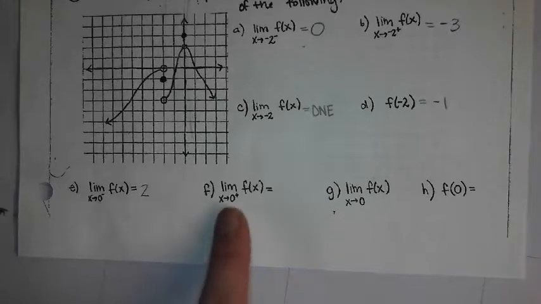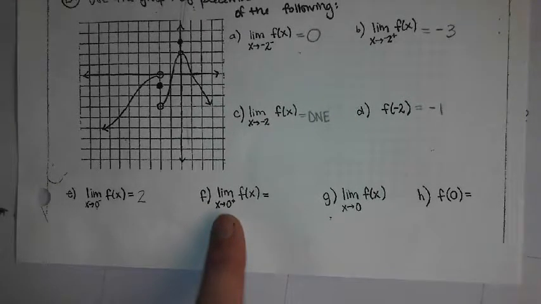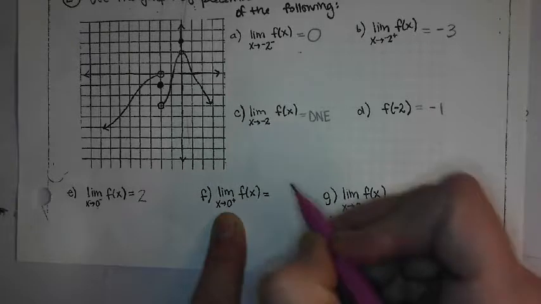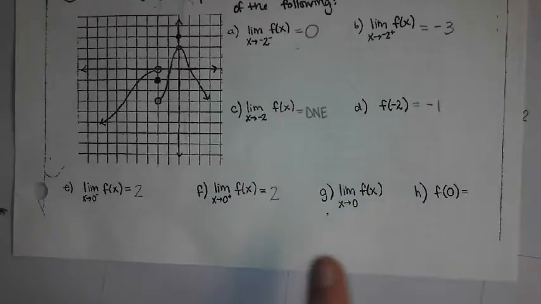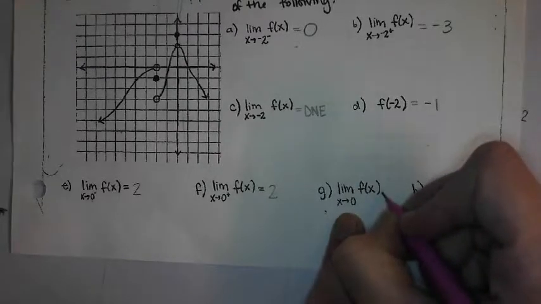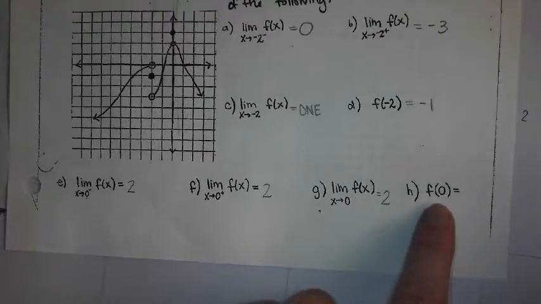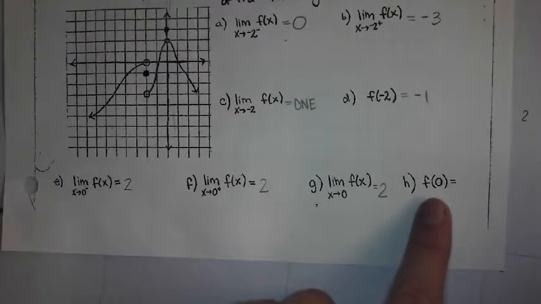Think about when we approach from the right. 2. The overall limit? 2. And f of 0? 3.